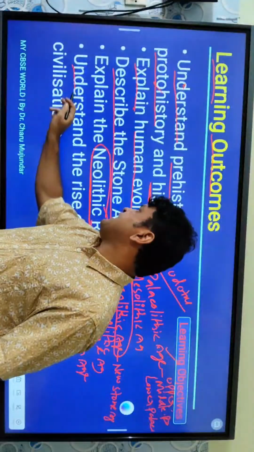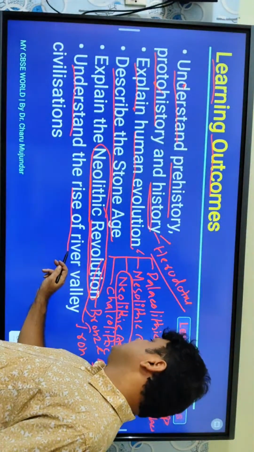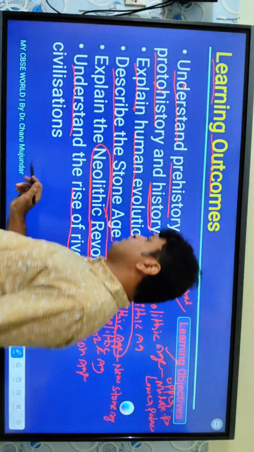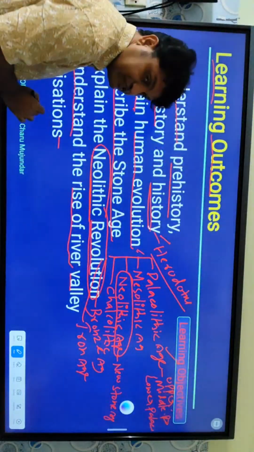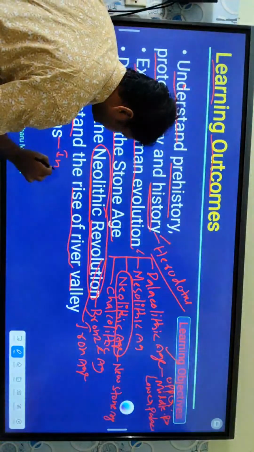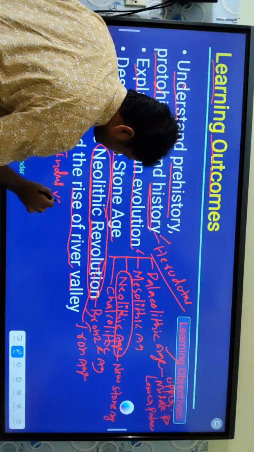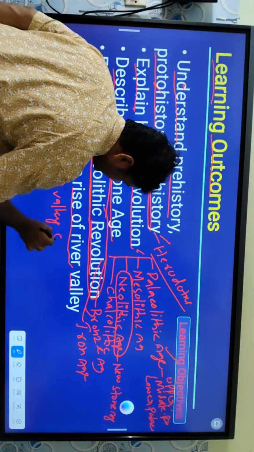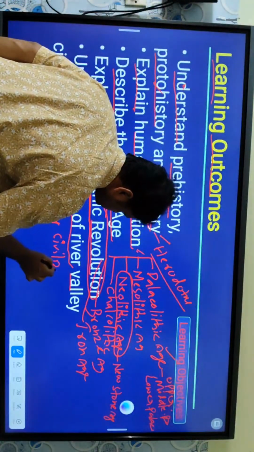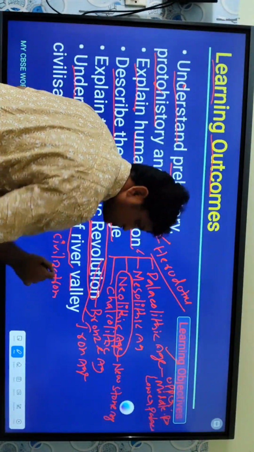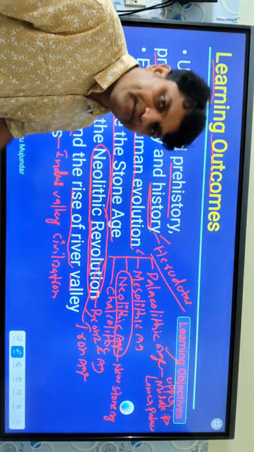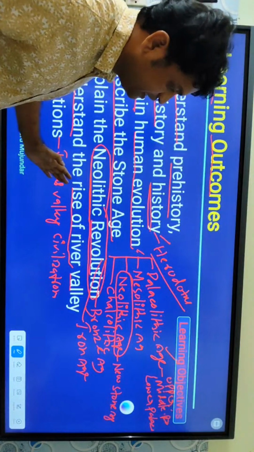And understand the rise of river valley civilizations. What is the rise of river valley civilization in India? The Indus Valley civilization. Most civilizations started on the banks of rivers.